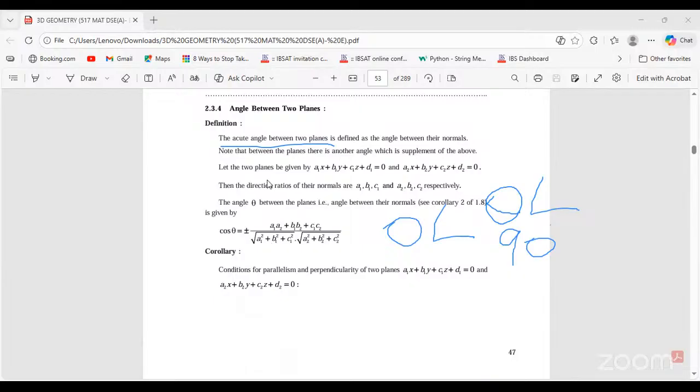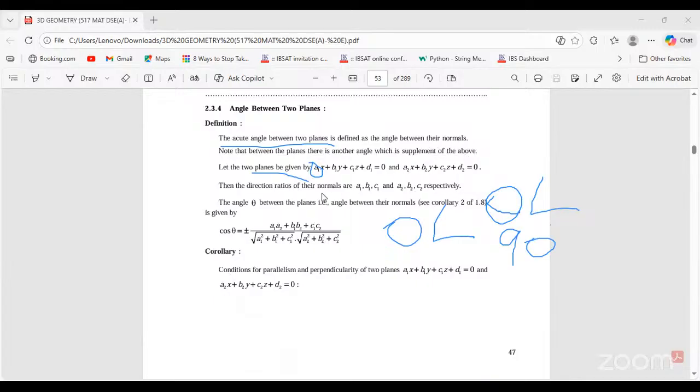Now, the acute angle between two planes is defined as the angle between their normals. What are the equations? a1x plus b1y plus c1z plus d1 equals 0 and a2x plus b2y plus c2z plus d2 equals 0. These are the two plane equations in general form. The variables x, y, z are the same, but their coefficients are different. The first equation is of the first plane and the second is of the second plane.